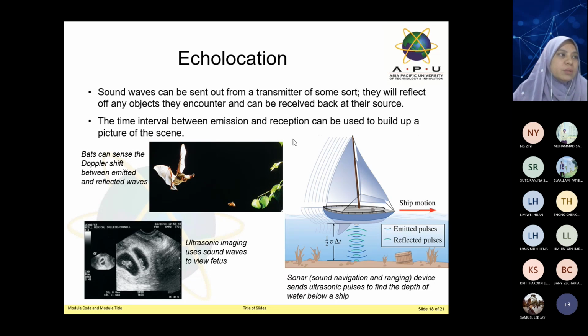For example, those who like to practice singing will go into the bathroom to sing, because of this echolocation. Your sound will be better.